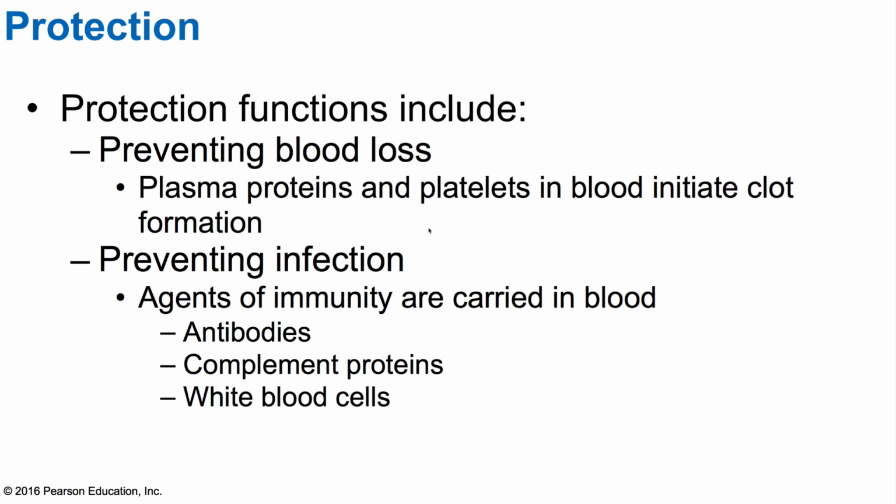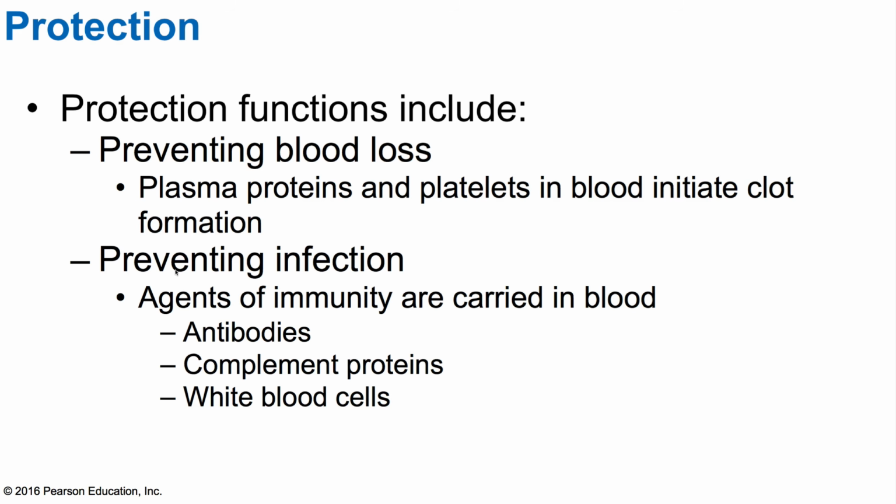Again, this doesn't happen all the time. It depends on how large the wound is. But for the most part, in smaller wounds, this happens relatively quickly, within minutes. You have a clot that forms within minutes, and this prevents excessive fluid loss.